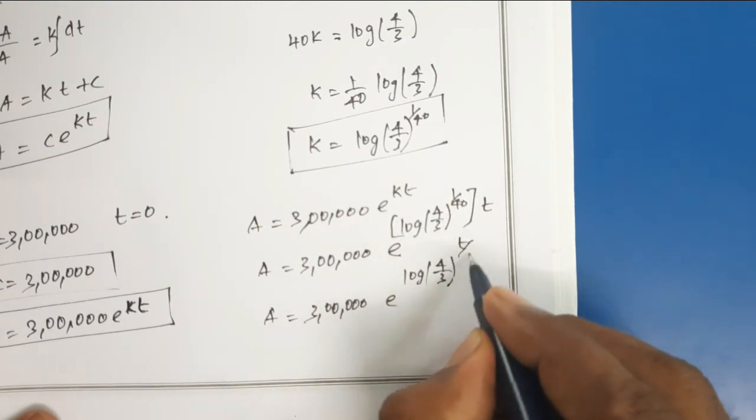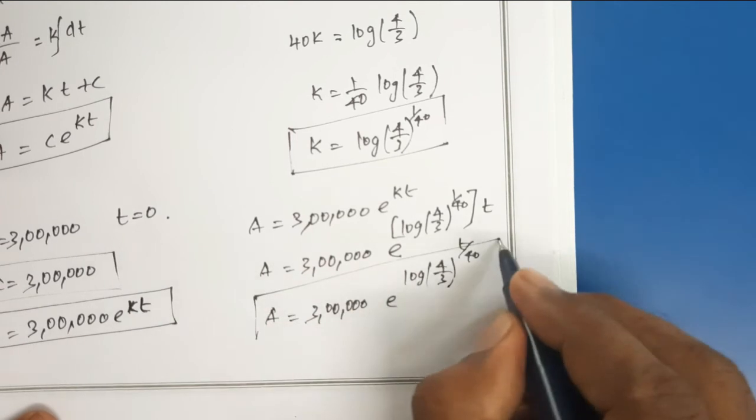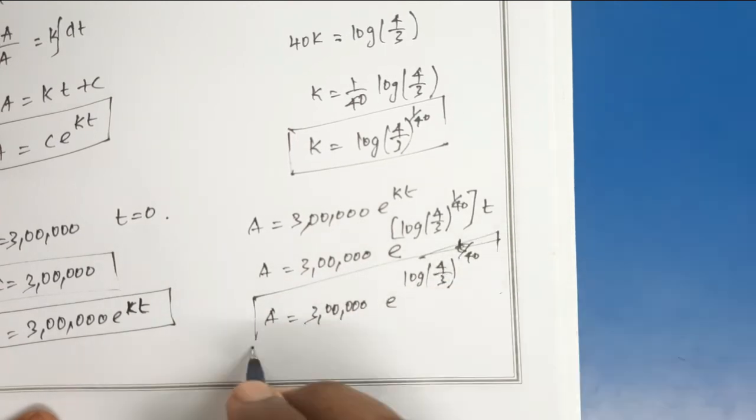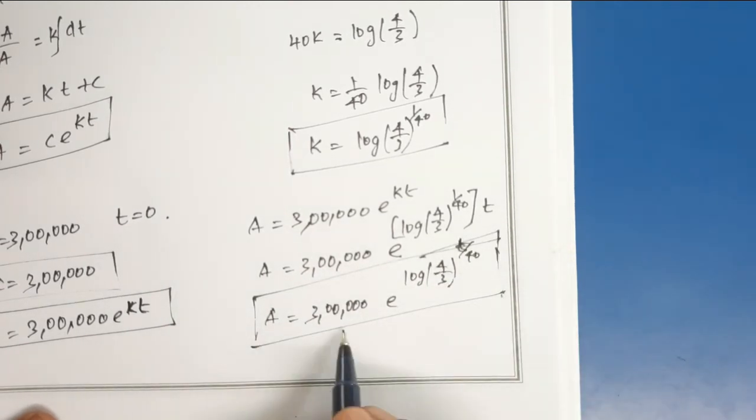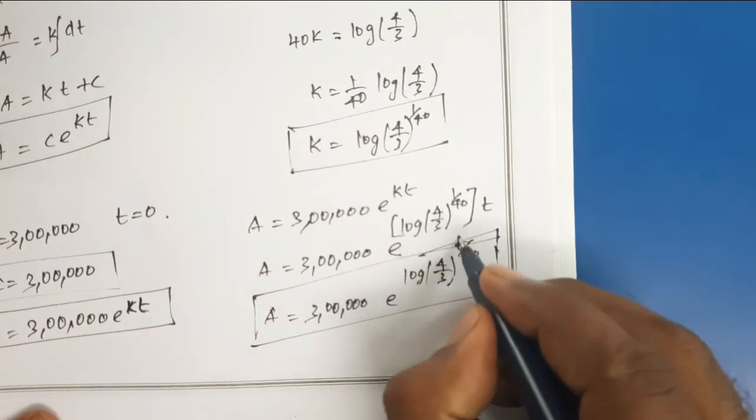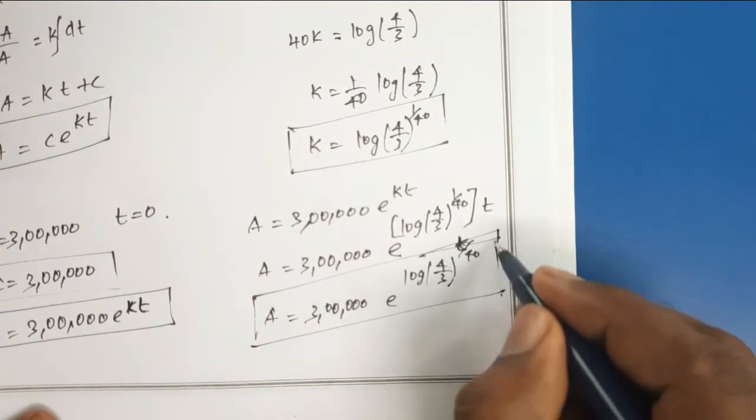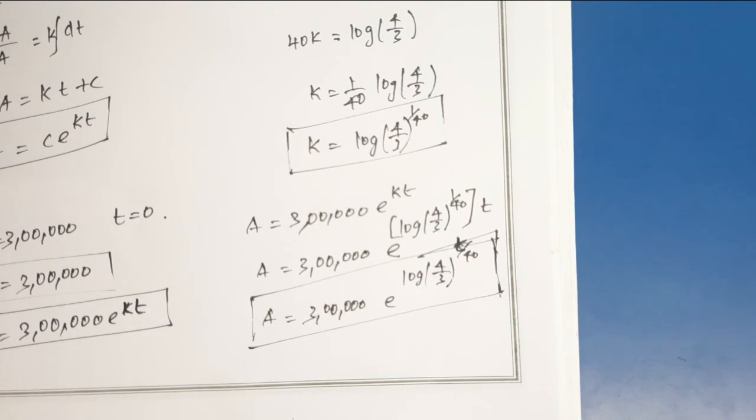So this can be written as t by 40. A equals 3 lakhs e power log 4 by 3 the whole power t by 40. The population of a city at any time t is 3 lakhs e power log 4 by 3 whole power t by 40.